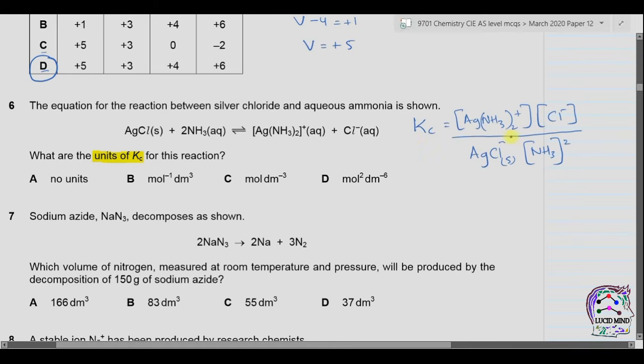All have their powers equal to the number of moles. As silver chloride is solid, it does not have any concentration unit. The concentration is only possible for aqueous solutions, not for solids. So as we know, the unit is mole per decimeter cube.